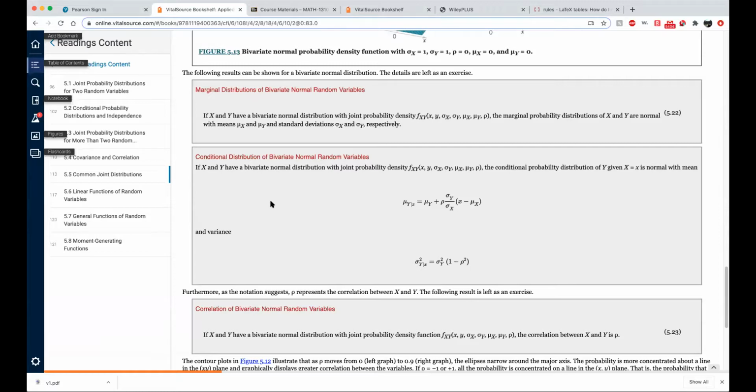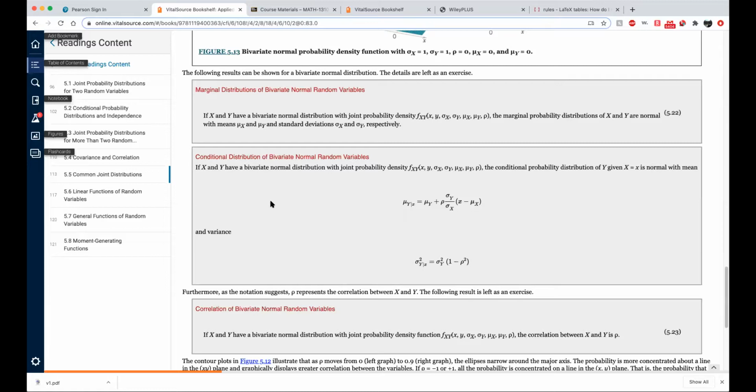It's going to be mu Y. Actually, this is the conditional probability distribution of Y given X. But here in problem D, it is the conditional probability distribution of X given Y. So we have to switch X and Y. So this is mu X plus the correlation times sigma X over sigma Y times y minus mu Y. Here we plug in 102, which is the y value.